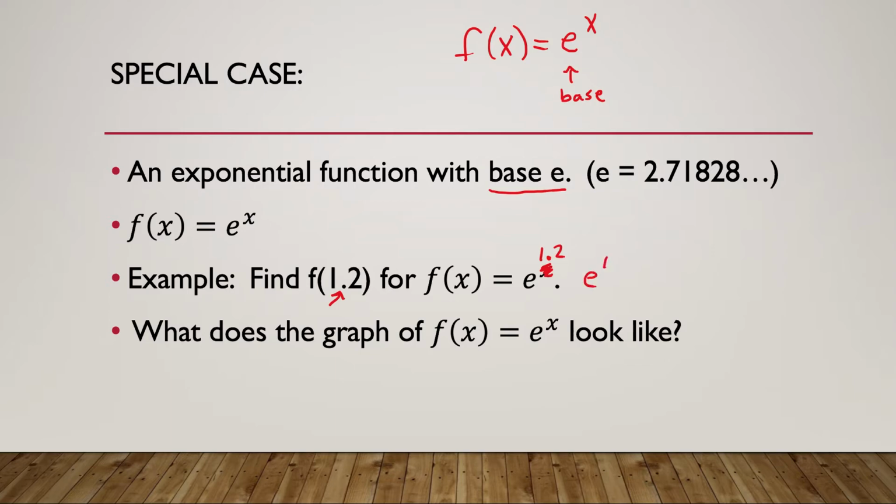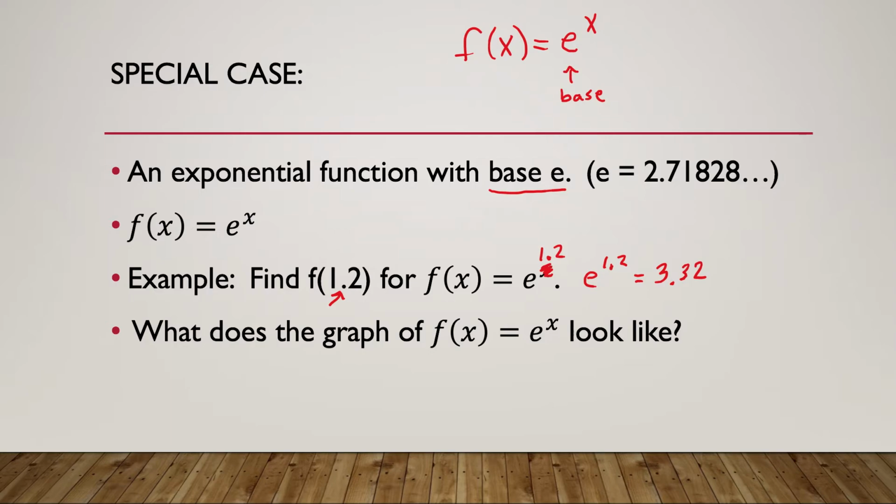Now, you do have this button on your calculator, and I didn't do a screenshot here, but I'm hoping that you can look and find it and be able to enter that in. And so if you do that, you should get, and we're going to keep these as decimals, I'm going to round to 2 decimal places, 3.32. And again, if you have trouble finding that button on your calculator, just let me know.